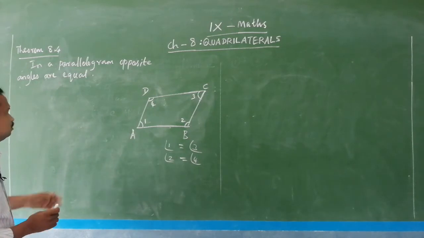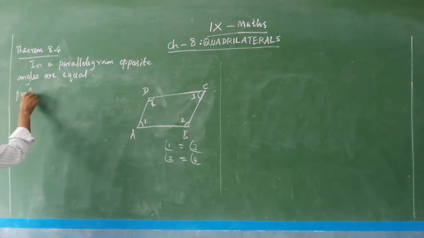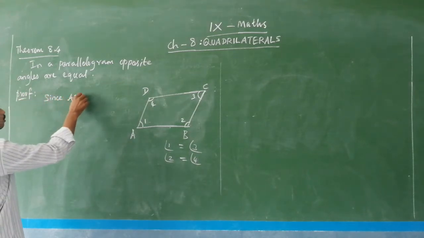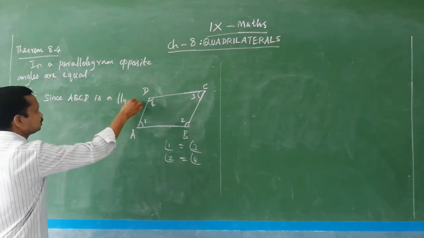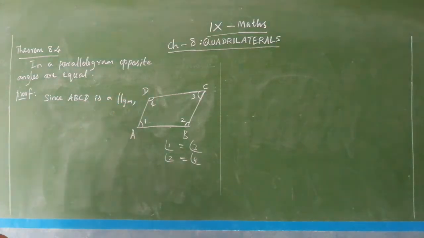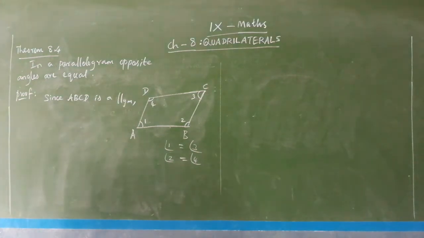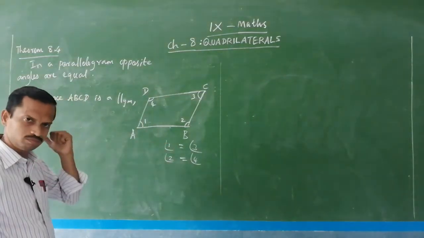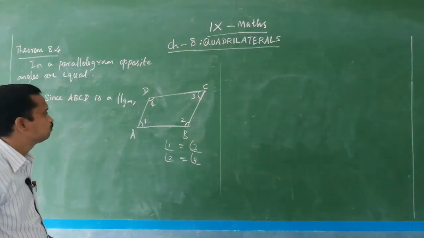Let us see how to say. You know, ABCD is a parallelogram. Therefore, by using the lines and angles concept, since ABCD is a parallelogram, opposite sides are parallel and equal, that you know. Okay. Now, we have to prove the opposite angles are equal.